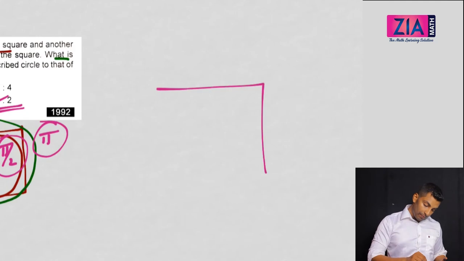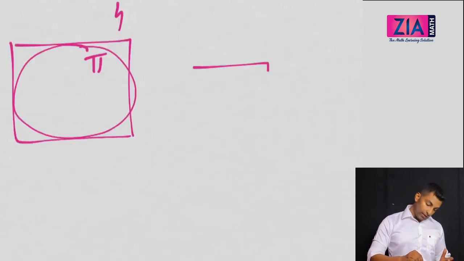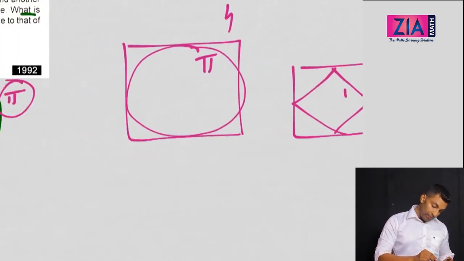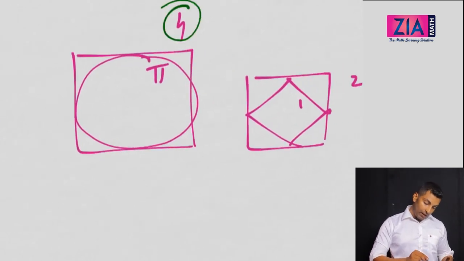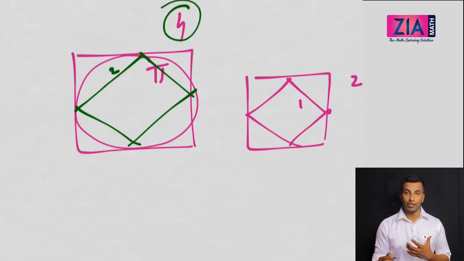If there is a square and inside the square there is a circle, the ratio is 4 : pi. Now, if there is a square and inside the square there is another square, the ratio is 2 : 1. Now here, if this is 4 and I put another square here, that has to be 2.